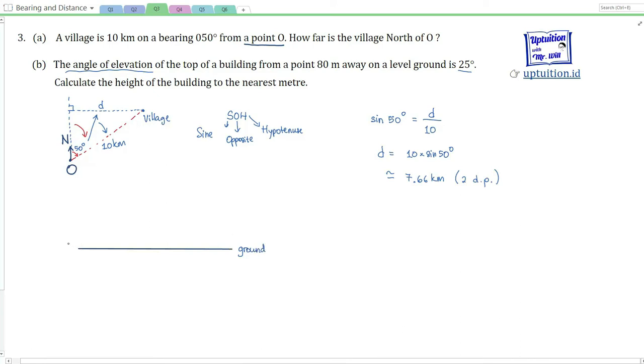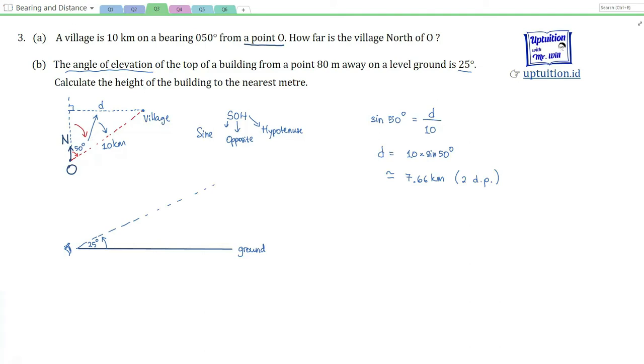And then assuming you have your point of view, your eye is basically here at the ground. If you have an angle of elevation, you're looking up, because it's called elevation. You want to elevate. So for 25 degrees, maybe it's somewhere around here.